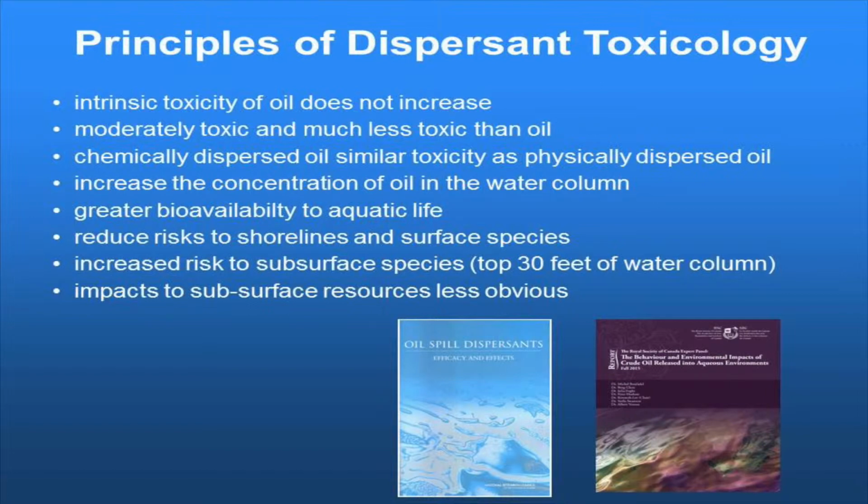The public was concerned about the government putting huge amounts of toxic materials into an already oiled environment. But all the lab tests show the same thing: dispersants are moderately toxic, aren't nearly as toxic as oil, and don't increase the toxicity of oil. Chemically dispersed oil and naturally dispersed oil have similar toxicity, so the dispersant isn't really doing anything except moving the oil into the water column.